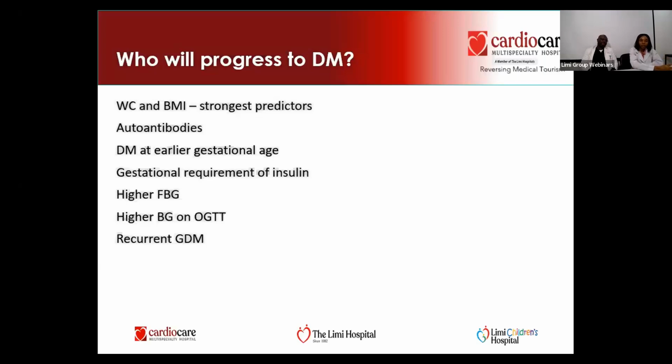Then you have the gestational requirements of insulin, higher fasting blood glucose, higher blood glucose on OGTT, and recurrent gestational diabetes. We should take note of all this because these are the pointers of people that might possibly go on to develop diabetes after gestational diabetes when you're managing them.